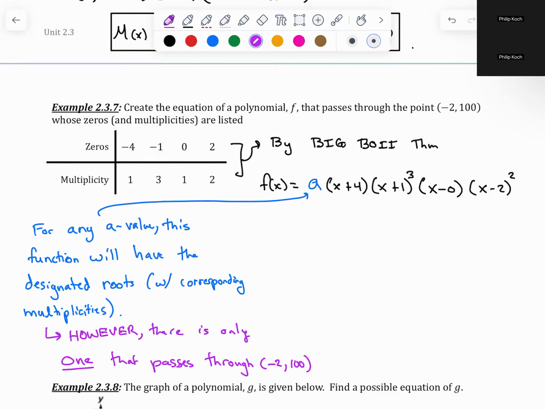But if you were to graph a polynomial x plus 4 times x plus 1 cubed times x minus 0 times x minus 2 squared, and you just kept plugging in random a values, or you used a slider to choose the different a values, you'd see that they'd get bigger or smaller, or they'd flip, but there would only be one choice of a that would actually hit that point, -2, 100. So we need to find the a. Let's find the a.